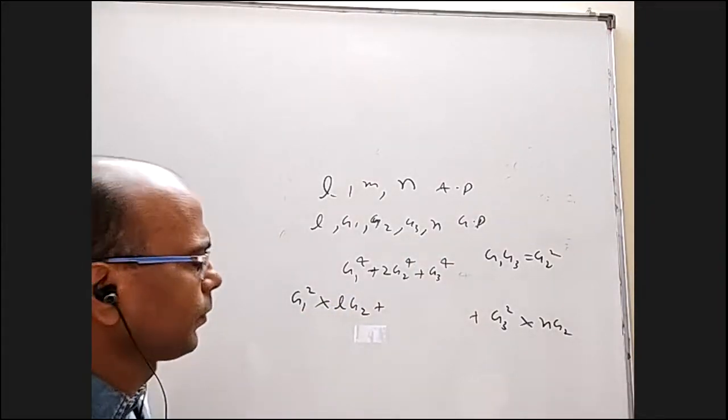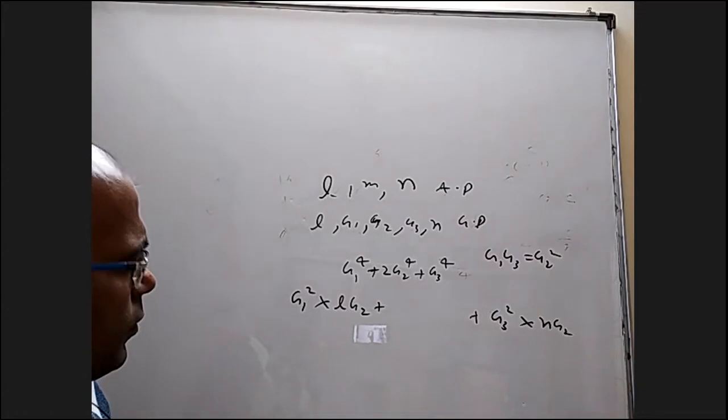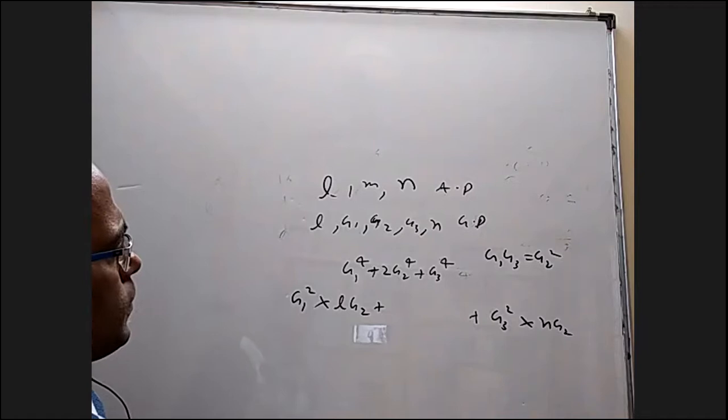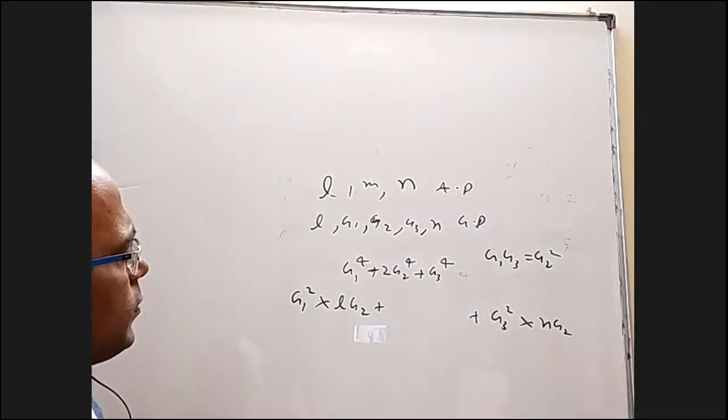That is G3, right? I can take G2 common, but let me see. G2 square is LN, I can write.